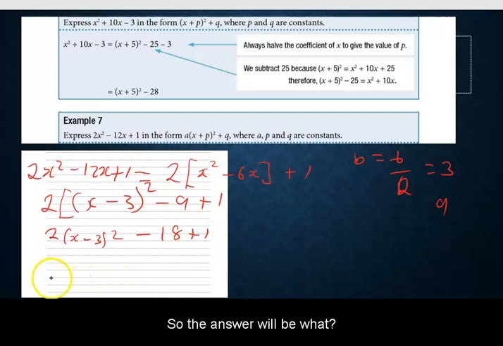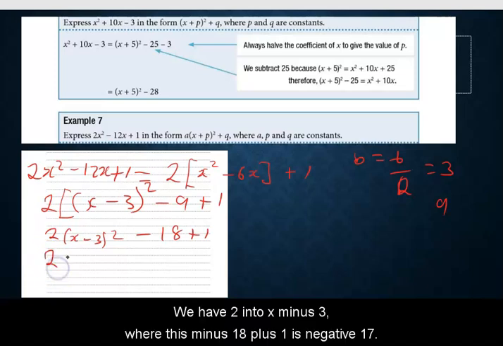So the answer will be what? We have 2 into x minus 3 squared, minus 18 plus 1 is negative 17.